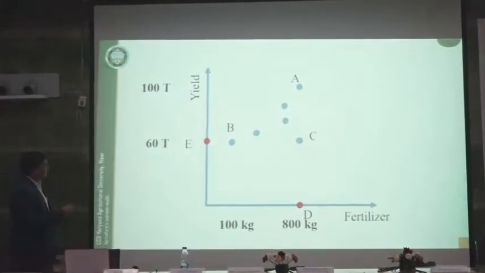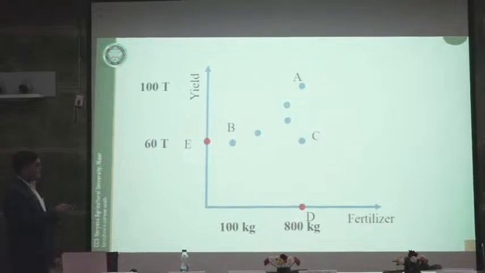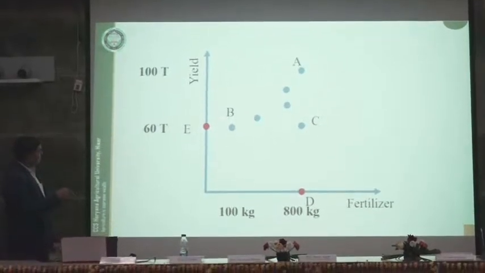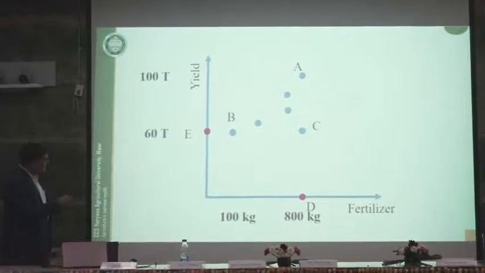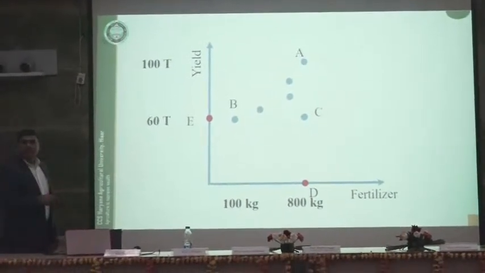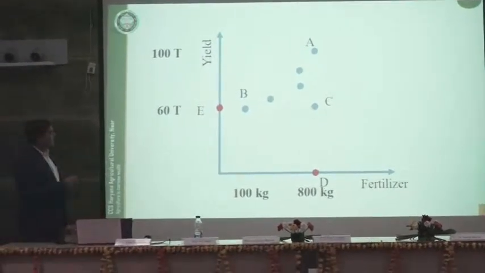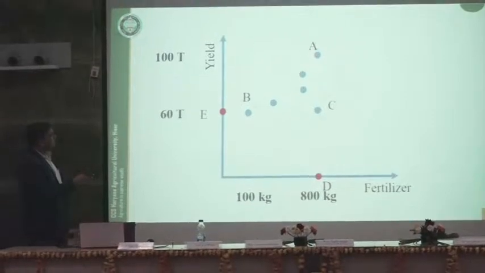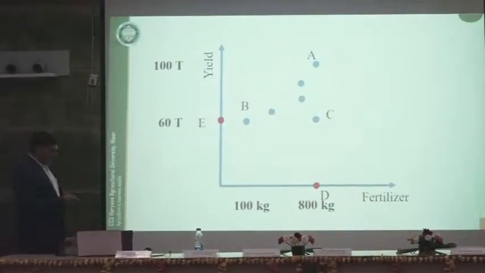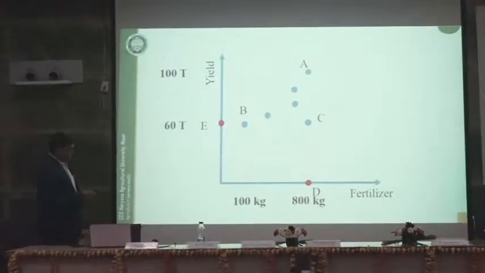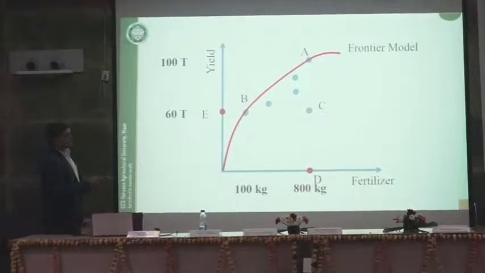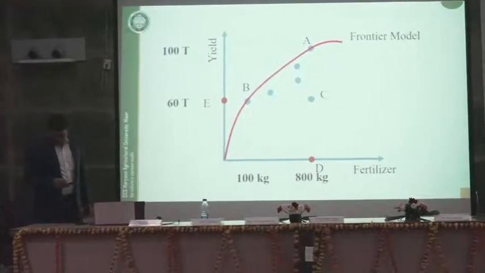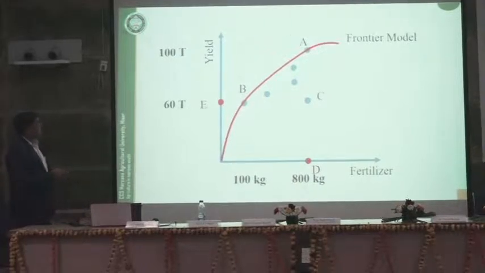Okay, and this is another farmer, say it produces this much of wheat using this much of fertilizer input. And similarly, these are all the farmers. So this is the frontier model.